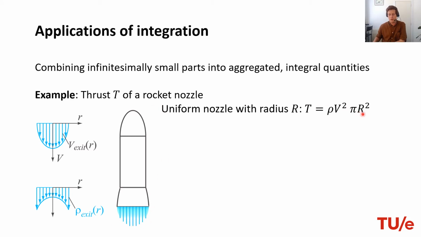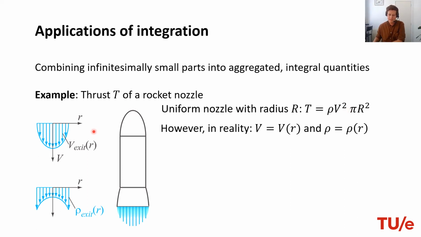Using a simple law from Newtonian mechanics, this would be rho times v squared, which is related to the kinetic energy that you expel from the nozzle, times the area of the nozzle, pi times r squared. That would be the case when we have a uniform outflow at the velocity.